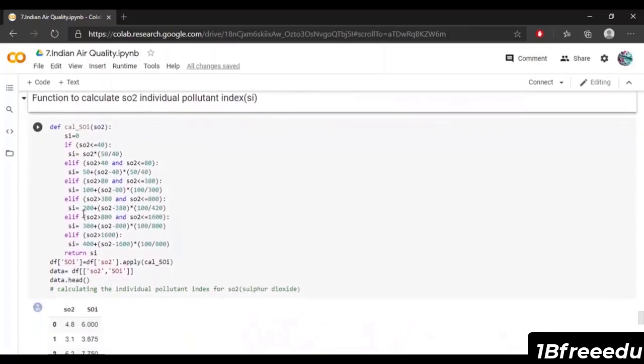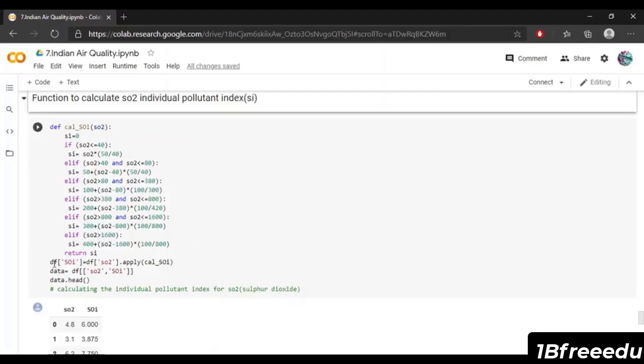What we have done over here is that we have created a function, and in that function we have given a range, and using the if and elif conditions, we have assigned a formula. Again, this formula can be found on the internet, and this will basically calculate the SI.